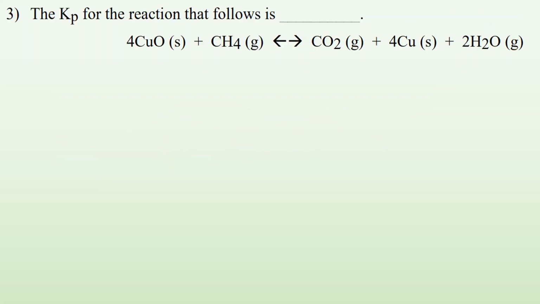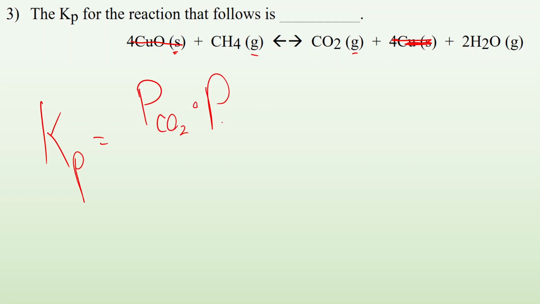All right, number 3, the Kp for the reaction that follows is blank. So again, wait a minute. Here's a pure solid. It's not going to be included. Gas, that will be. Pure solid, not going to be included. H2O gas will be. So my Kp is going to be the pressure of my products. I got CO2 as one of my products.